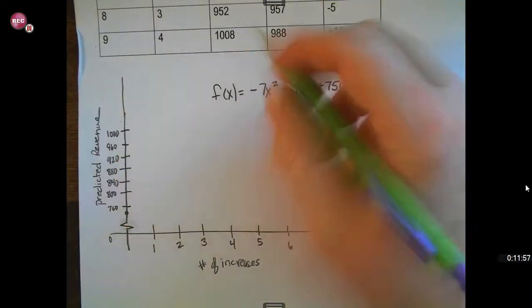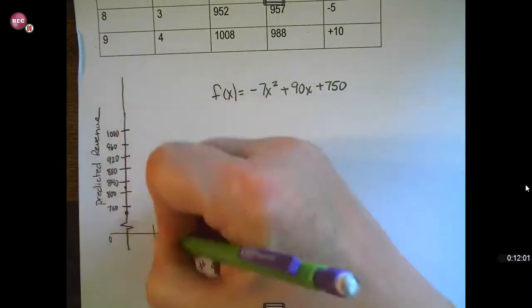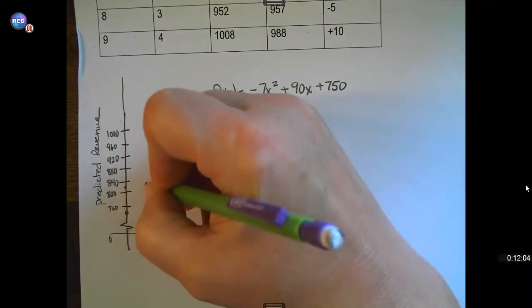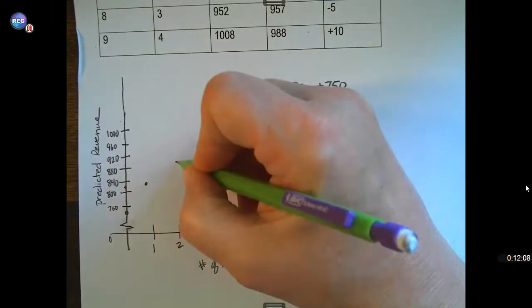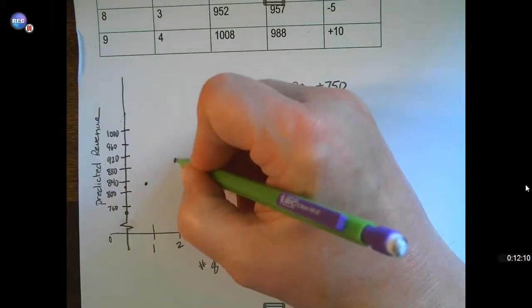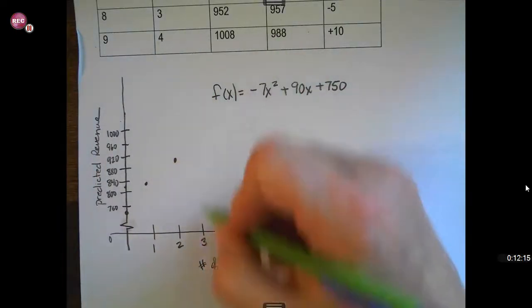And then at 1 is 833. At 2 is 902. At 3 is 957.